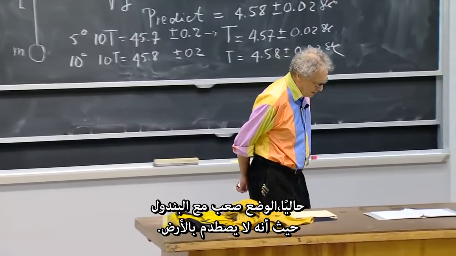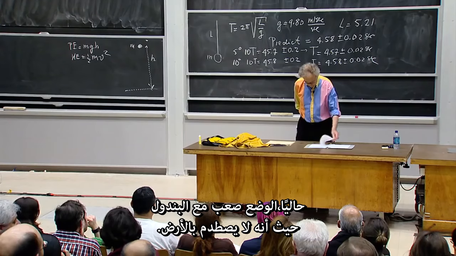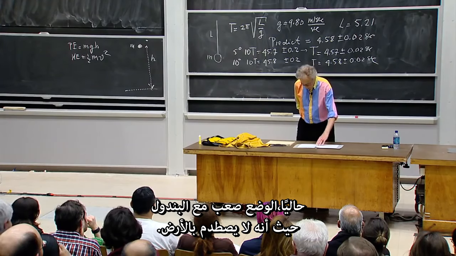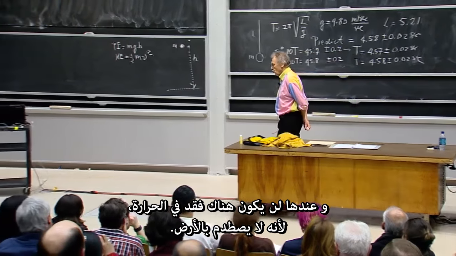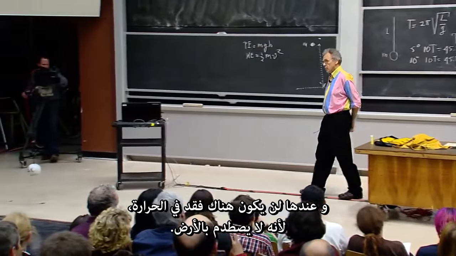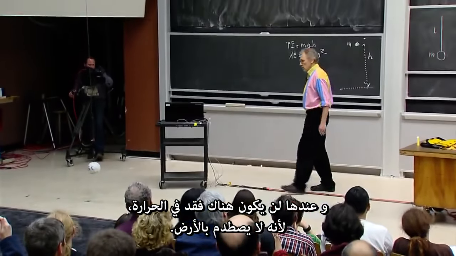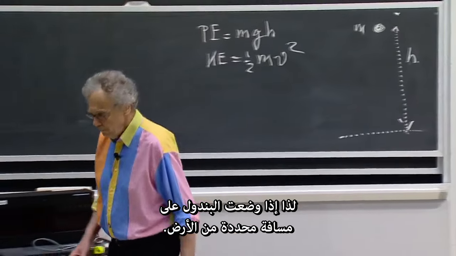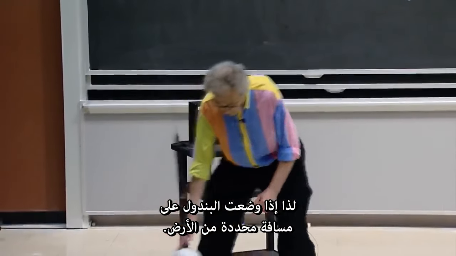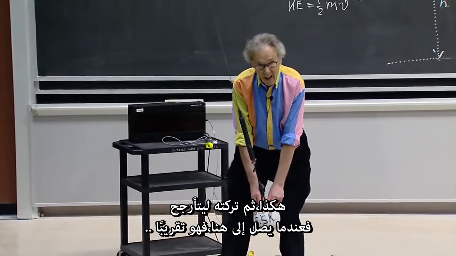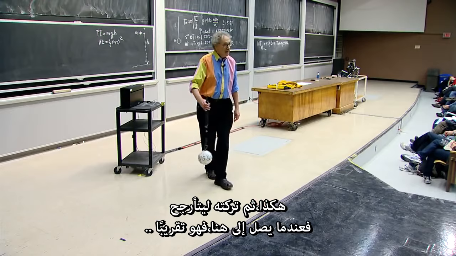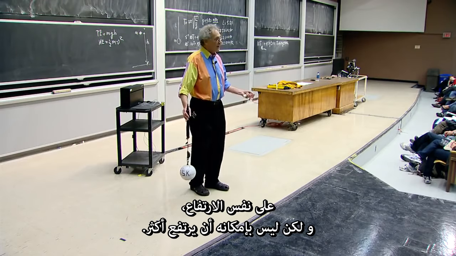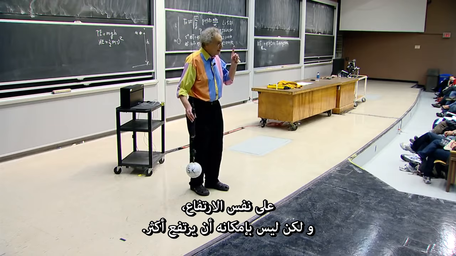Now, the situation is difficult with a pendulum, because a pendulum doesn't hit the floor, and so there is no heat loss because it doesn't hit the floor. So if you bring a pendulum at a certain distance above the ground, like this, and you let it swing, when it comes back here, it is almost exactly at that same height. Cannot be higher.